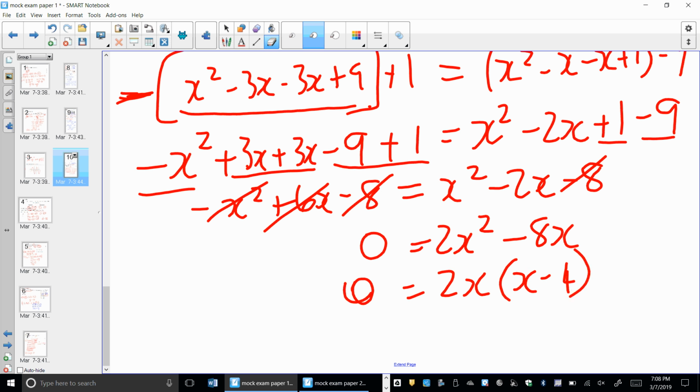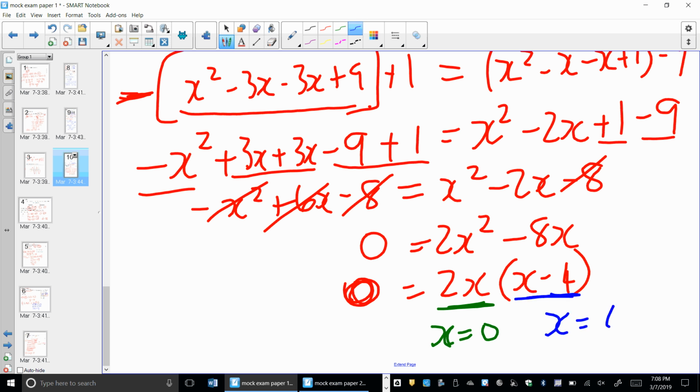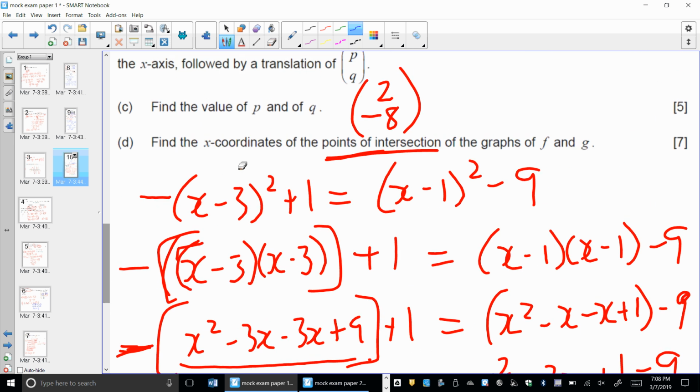Solving this, if it's equal to 0, then either this is equal to 0, which means that x is 0, or this is equal to 0, which means that x would be 4. And they only want the x coordinates, so they are the answers. And we're done.